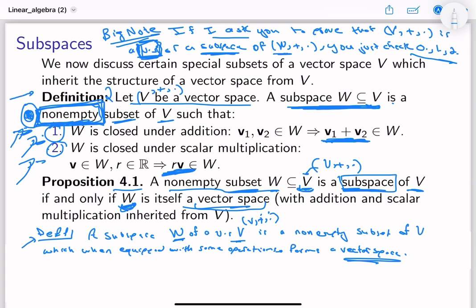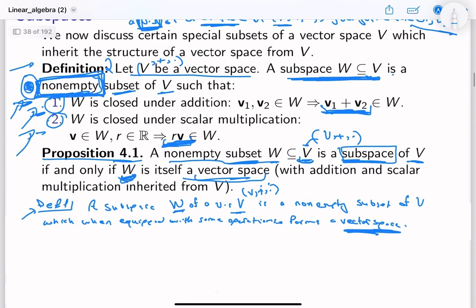Because if we're requiring omega to be a vector space, we are immediately requiring it to be closed under addition and scalar multiplication. It seems that we're dropping a lot of axioms and assuming that they should hold in some way. And this is what proposition 4.1 is saying.